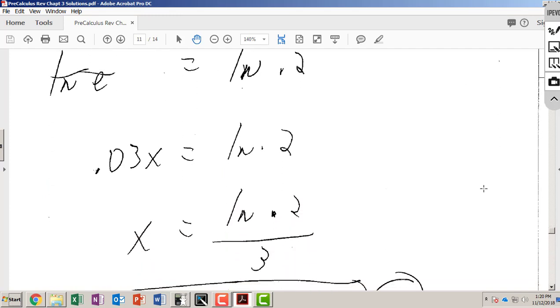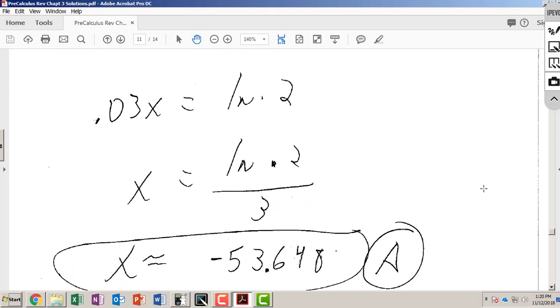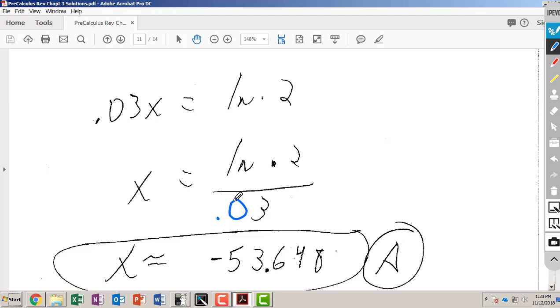Now I'm going to divide both sides by 0.03. So I end up with x equals the ln of 0.2 divided by 0.03. Dividing by 0.03, I'll put that in my calculator.